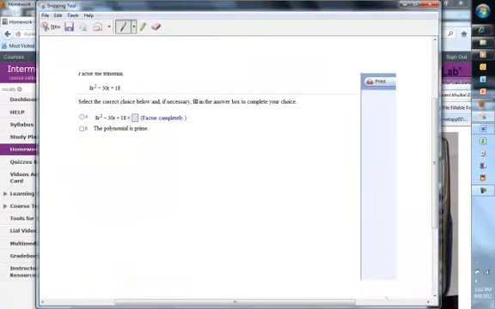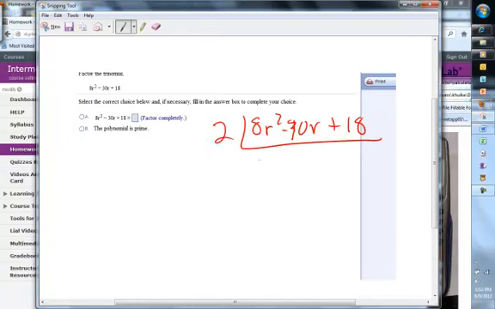Okay, before you start this one, make sure that you factor out the common term, 8r squared minus 30r plus 18. You can divide out a 2, and you're left with 4r squared minus 15r plus 9. Now you got what two numbers multiplied equal 36, added equal negative 15.